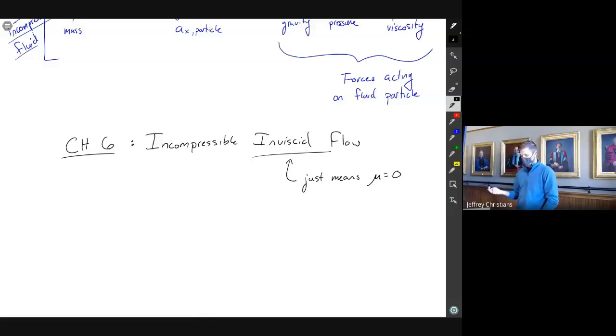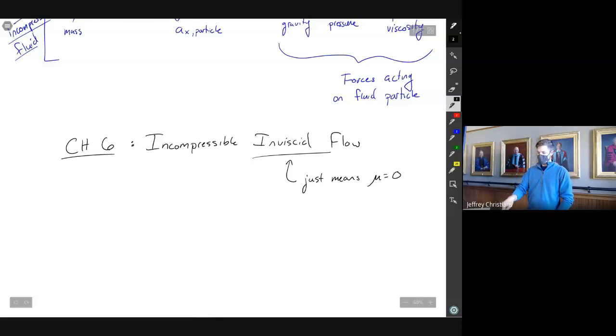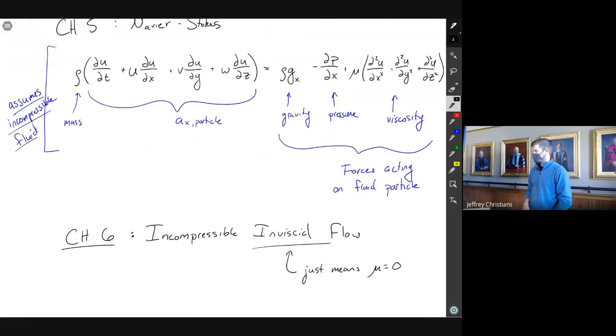If it's incompressible inviscid flow, that means it should be governed by the same Navier-Stokes equation here, except that viscosity is 0. We said this is nice because this governs a whole range of problems pretty closely. It doesn't cover anything exactly because viscosity is always something.